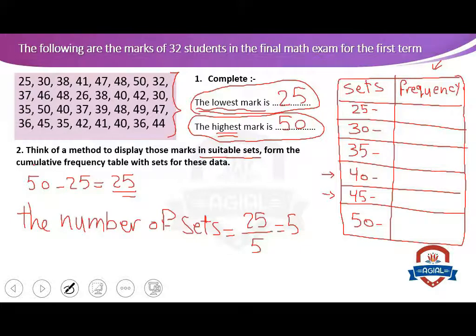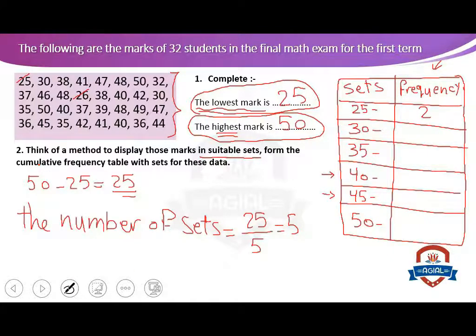And the first group is from 25 and less than 30. So we have to look at the first row. In the first row we have just 1 mark, and in the second row we have 26, and there are no marks from 25 to 30 in the third row, and there are no marks in the fourth row. So we have just 2 students in the first set. And the second set starts from 30 and less than 35.